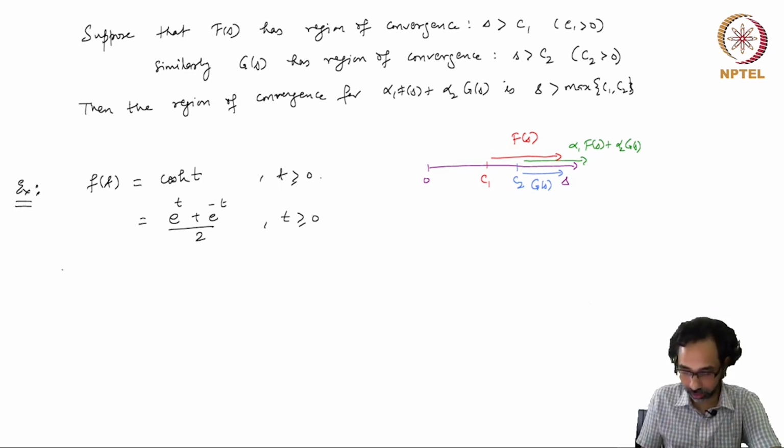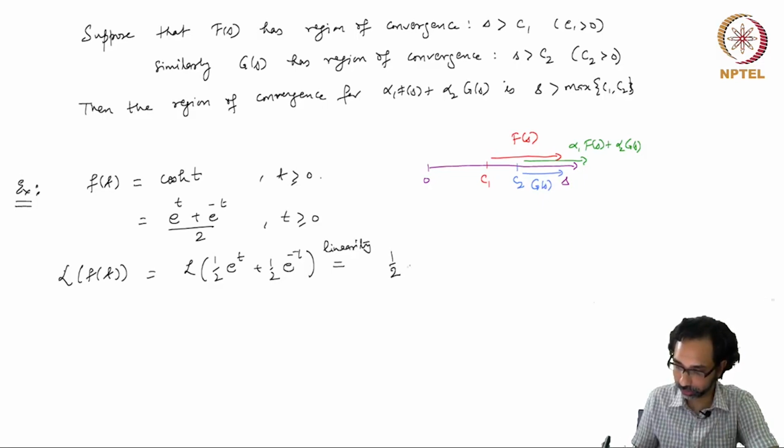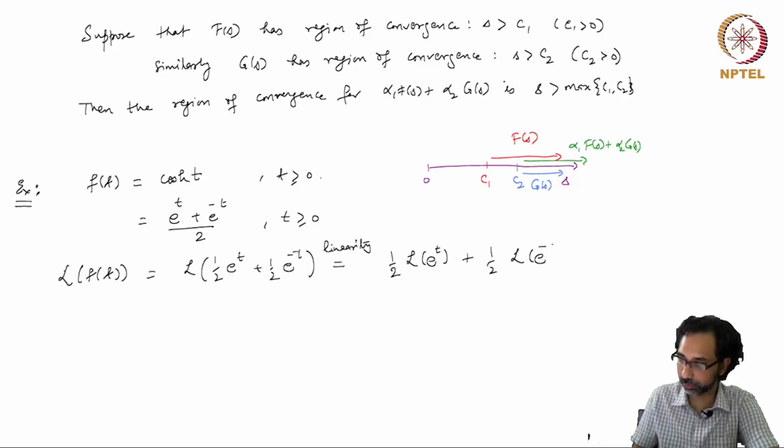So our Laplace transform of this function f(t) will be the Laplace transform of half e to the power t plus half e to the power minus t, but by the linearity property this is given by half the Laplace transform of e to the power t plus half the Laplace transform of e to the power minus t.